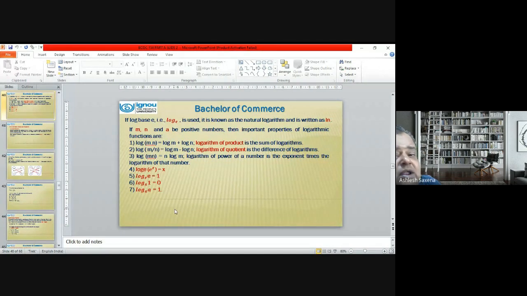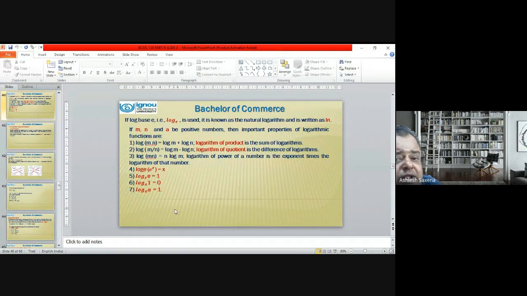That means the logarithm of a product is the sum of logarithms. So log mn, which was a product, has been split into 2 terms, log m plus log n. If we have log m divided by n, we will be doing log m minus log n. That means the logarithm of a quotient is the difference of logarithms.